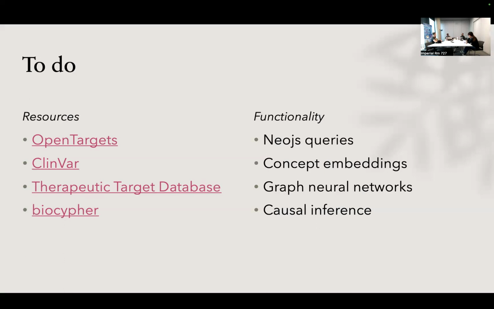You can use graph neural networks to try and do some of that, and you can also do some causal inference, which is a step beyond just making associative inferences, where you're actually trying to infer the causality between two nodes that are adjacent to each other or maybe indirectly associated with one another. So that's pretty much it.